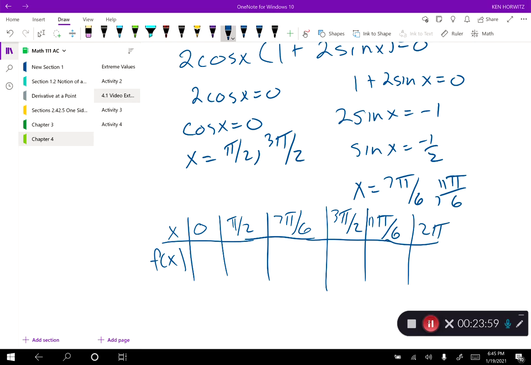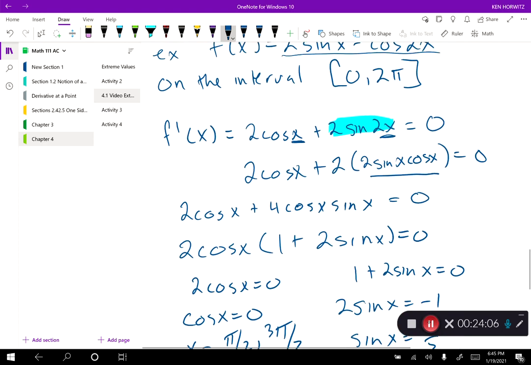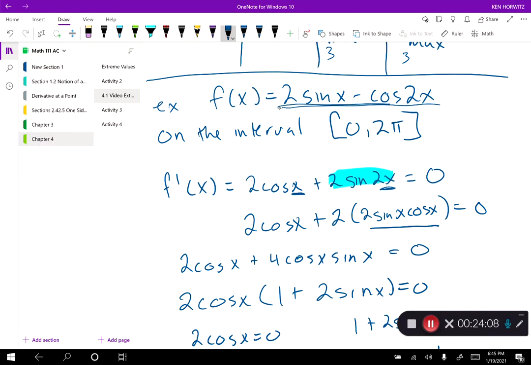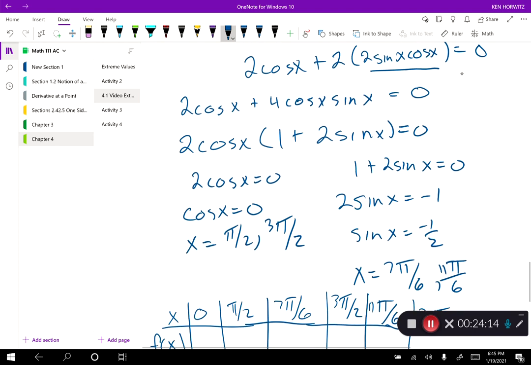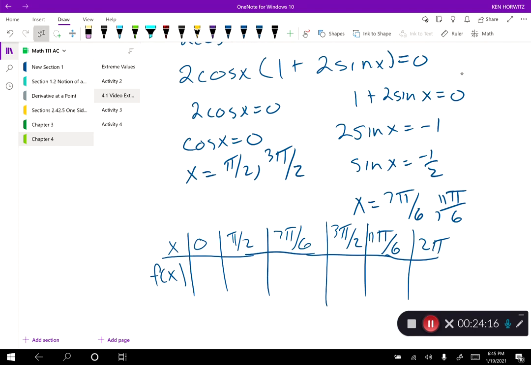All right, so hopefully you plugged your x's from 0 up to 2 pi back into the original function. Now it's important you plug it into this original function, not the derivative. All right, so up here, this one up here. All right, I did already. Let's see if your answers match mine.